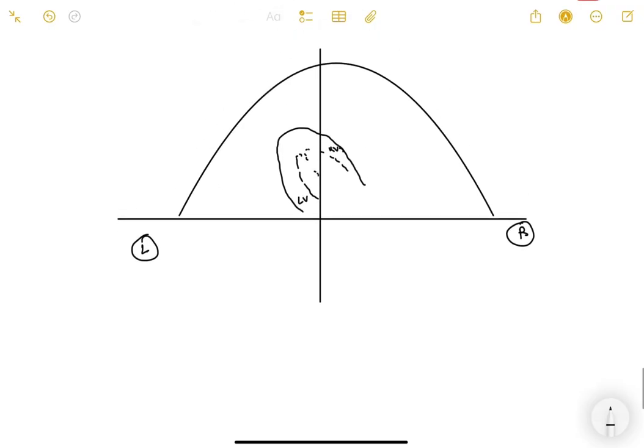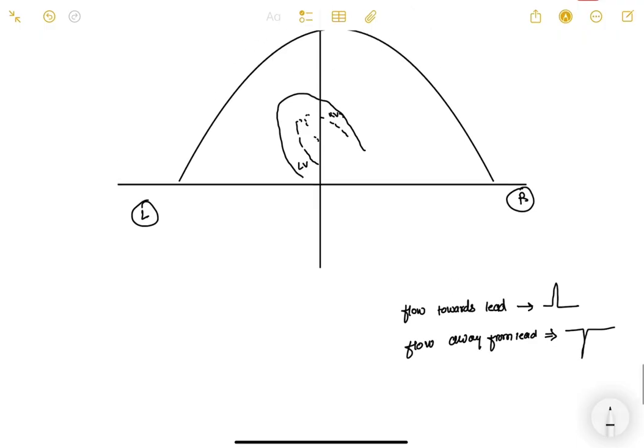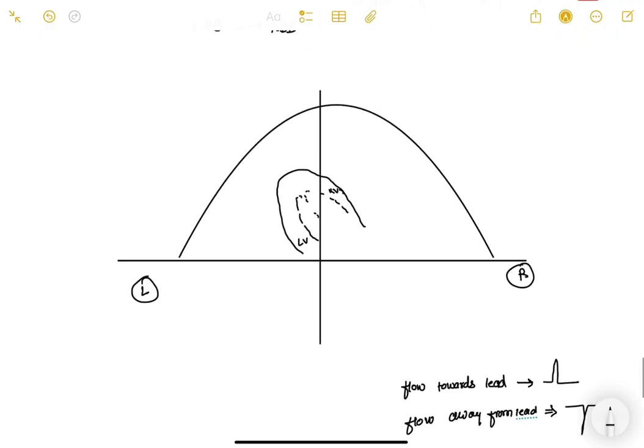One thing you must understand is the flow of current and the deflection in the ECG. Whenever there is a flow towards a lead, whichever lead, it shows a positive deflection, and whenever there is a flow away from a lead, we will get a negative deflection.